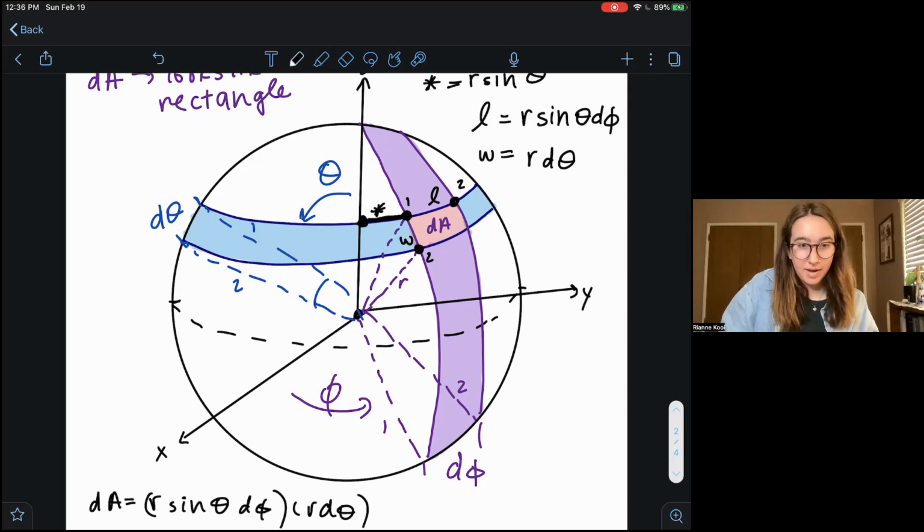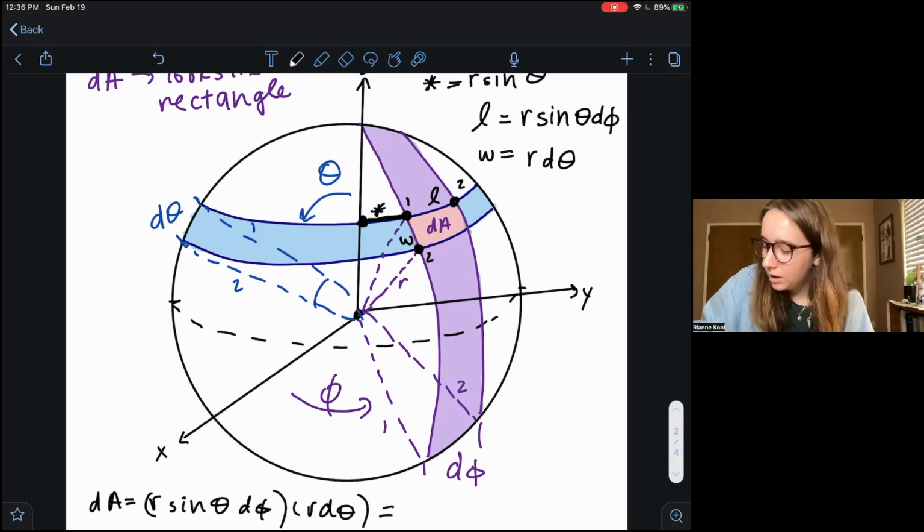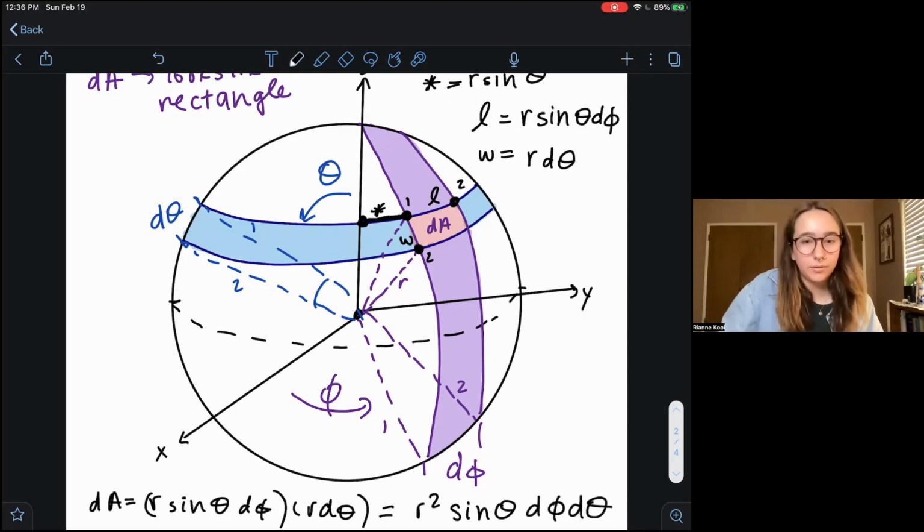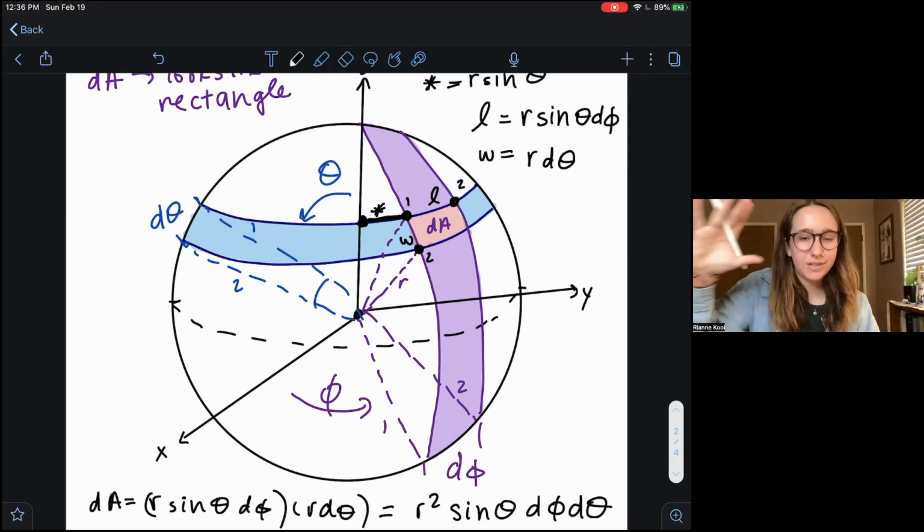So let's combine our r's and simplify. So we're left with r squared sine theta d phi d theta. So that's the area of our one rectangle right there. So that's what dA is equal to. It's r squared sine theta d phi d theta.